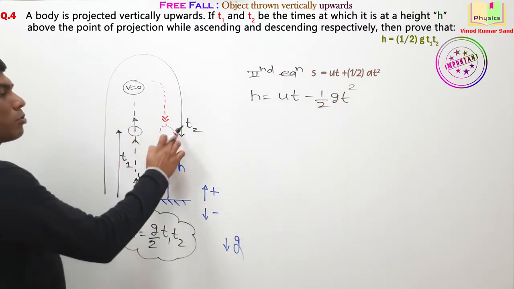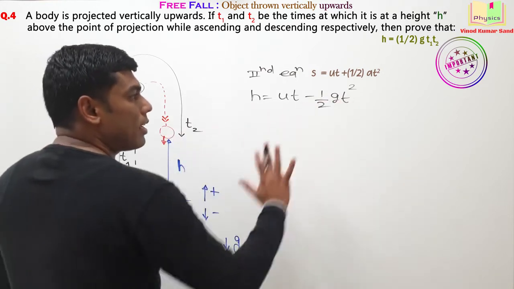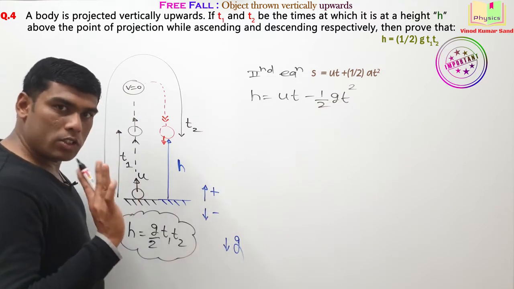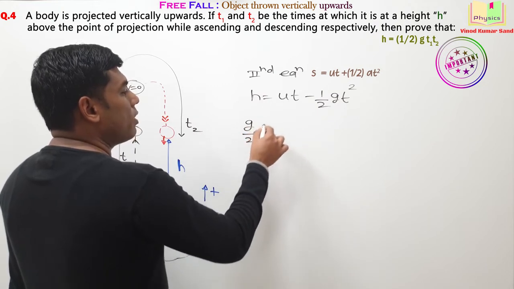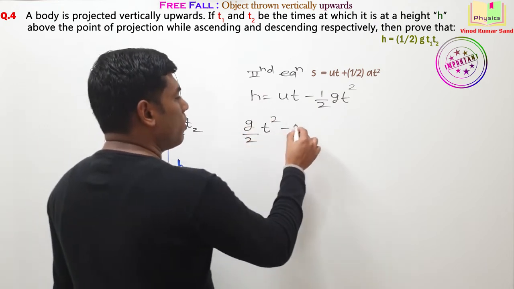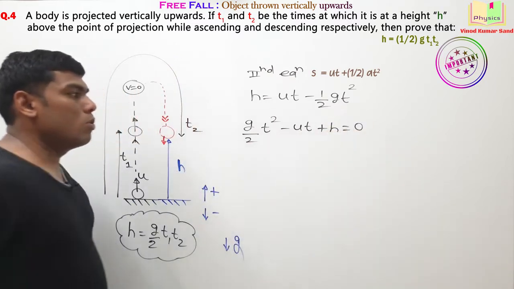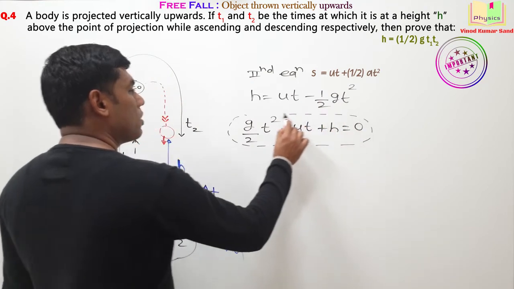At any moment of time t, s is equal to ut plus half at square. So I am utilizing that. g is taken with the negative sign because it was in the downward direction. Okay. Rearranging the terms and rewriting the equation: g by 2 t square minus ut plus h is equal to 0. Is it a quadratic equation?